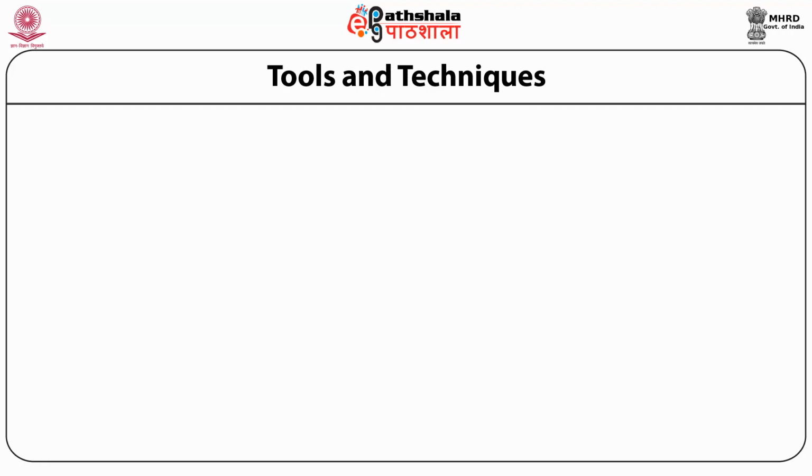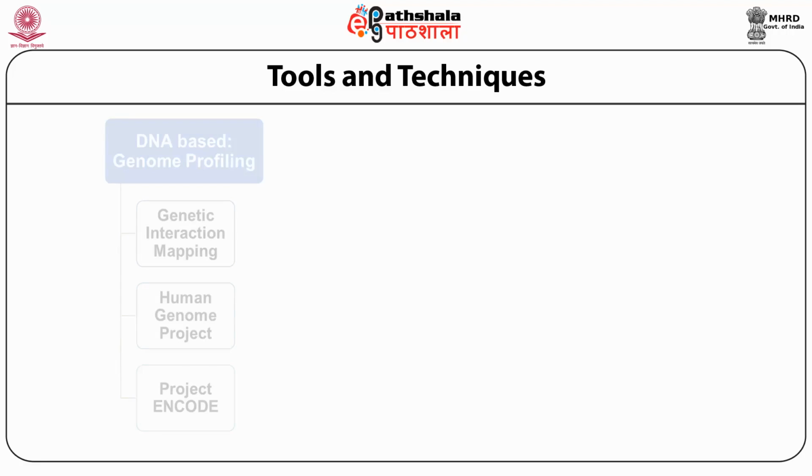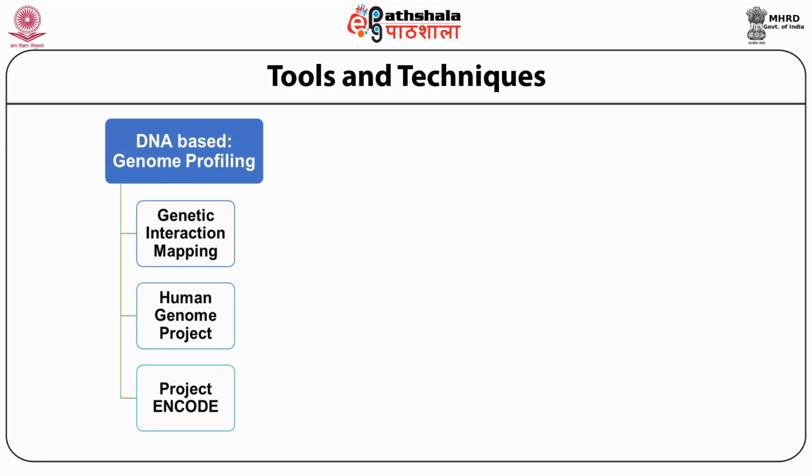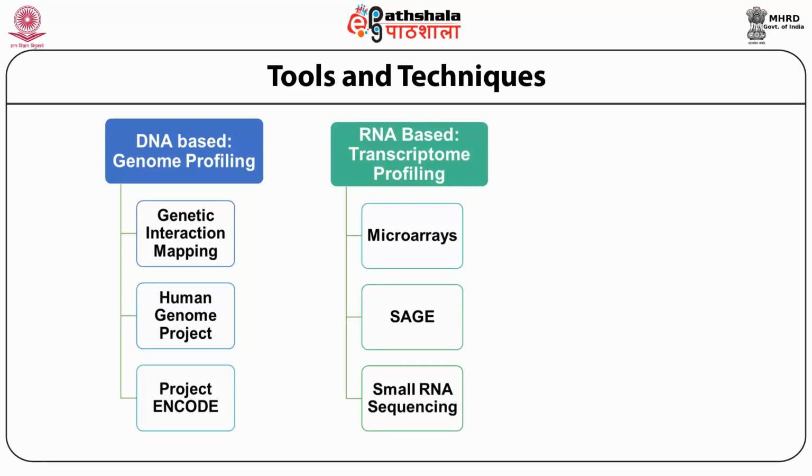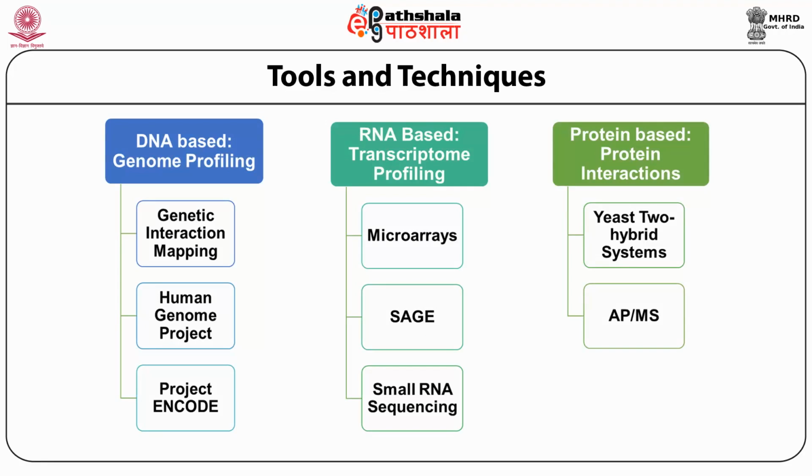Since functional genomics covers a huge area of study, the tools and techniques are also widespread and may be classified into various categories. There could be DNA-based tools, which include genome profiling techniques, RNA-based tools including transcriptome profiling techniques, protein-based tools which aim to study the protein-protein interactions.